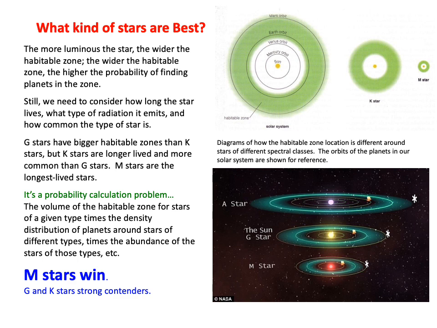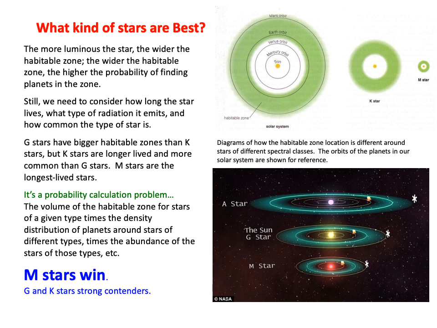So in the last slide, I was talking about the relative sizes of the habitable zones for G stars, K stars, and M stars. In the upper right-hand diagram, I'm showing the relative sizes of the habitable zones for these three types of stars, where the G star, like the sun, is on the left, K star in the middle, and the M star on the right.